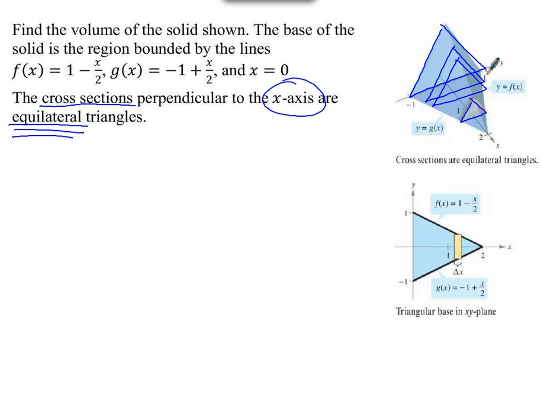Either I can form the area of my equilateral triangle using 1/2 base times height, or I can know the formula for an equilateral triangle's area. Take a look at the back cover of your book. The formula is area equals the square root of 3/4 times a side squared.